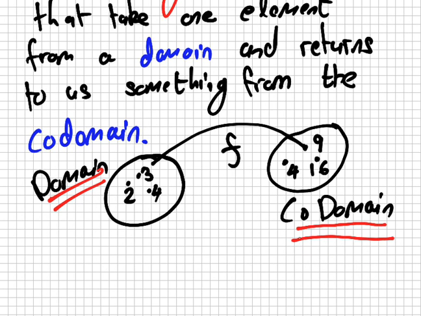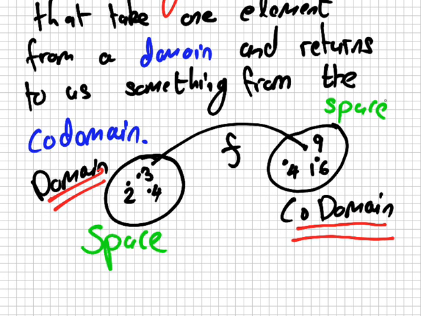The range is not quite the same as the codomain. Does anyone feel they might know the small difference? It's like we're going from one space into another space.